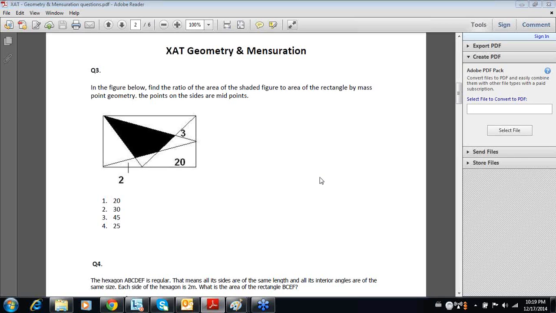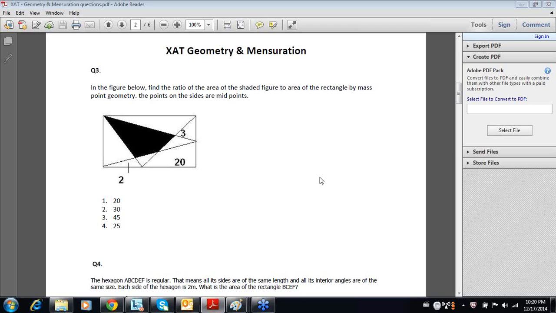That is a small mistake from my side. While deciding the question, I was thinking about the ratio, and then while deciding the options, I have given only the value of the shaded region. So it is asking the ratio of area of shaded figure to the area of rectangle.